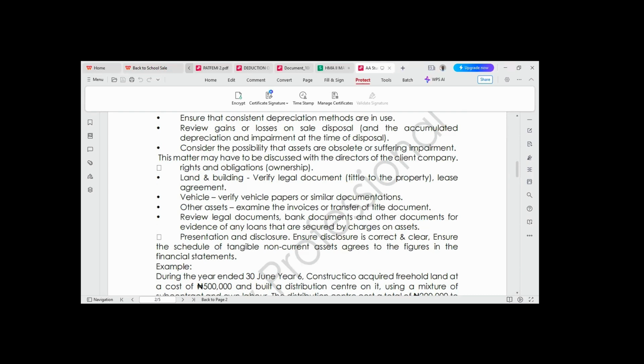That asset schedule, you also want to see because it comes in as notes to the account. It is part of notes to the account anyway, the asset register. So the auditor will now check the net value of those assets, whether that was the value that they finally imputed as the balances or carrying amount of those non-current assets. Okay, so that is some of the things that need to be done.